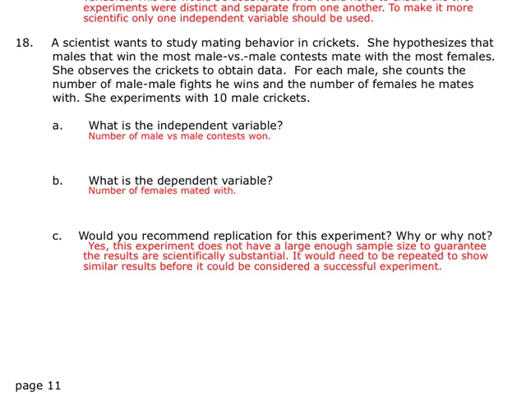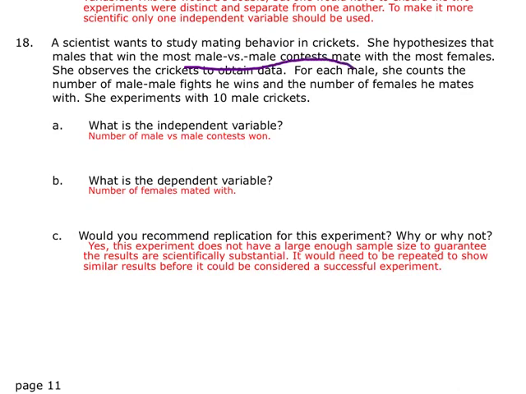So the independent variable then, again, this one she's not really manipulating, she's just setting it up, and the males are fighting each other, but it would be the number of male-to-male contests.